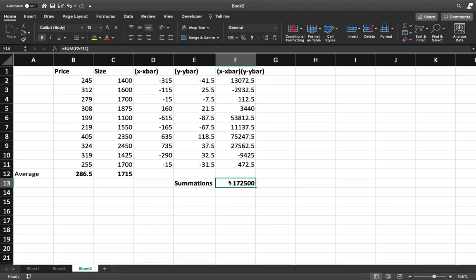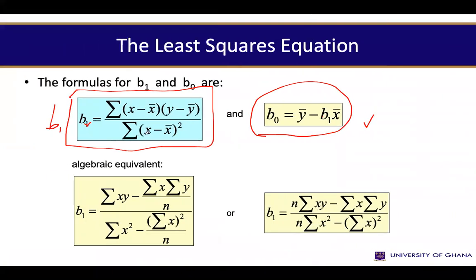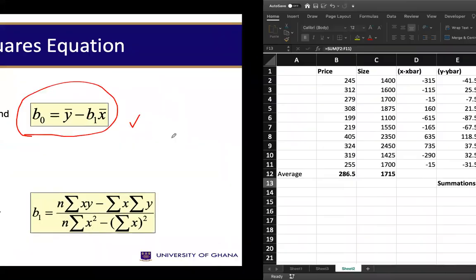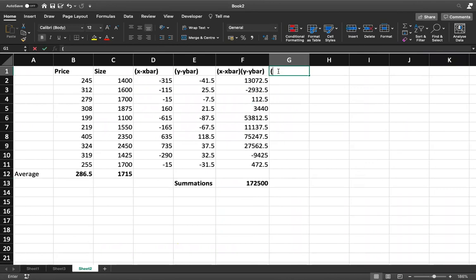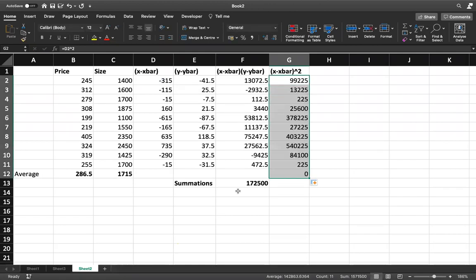Then we would also have a look at the summation of the x minus x bar all squared. It is this raised to the power 2 that gives us that, and then you run it through.